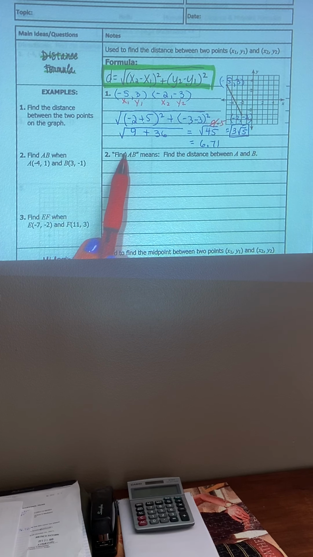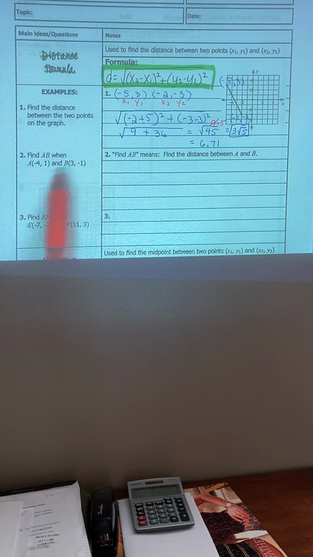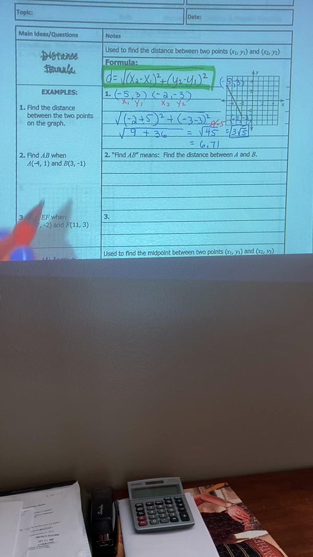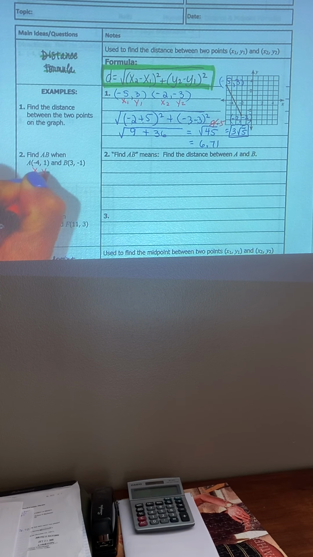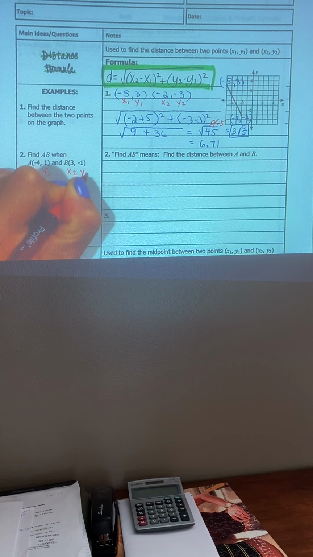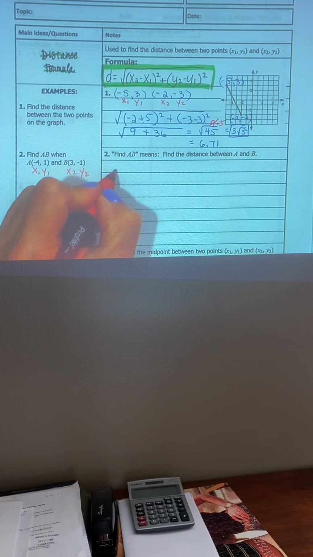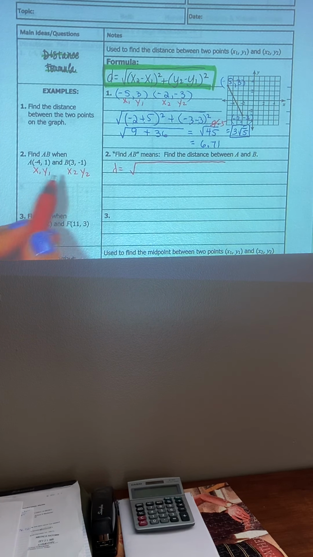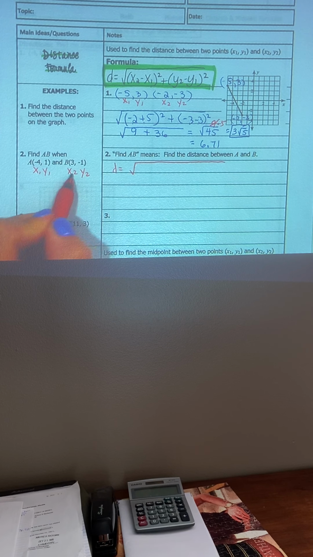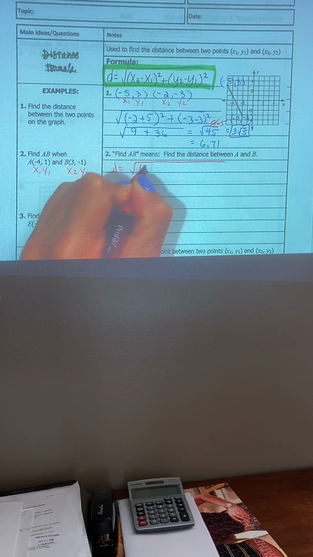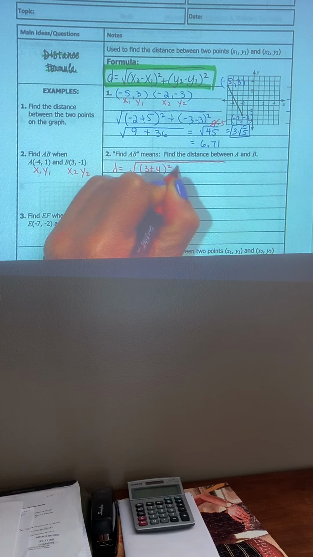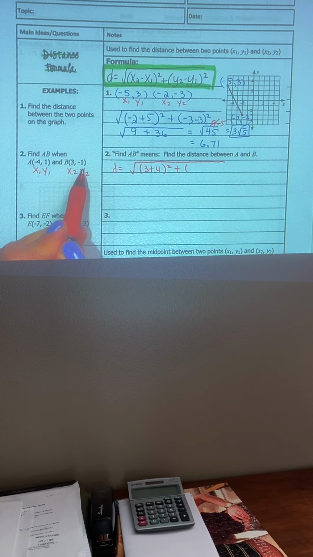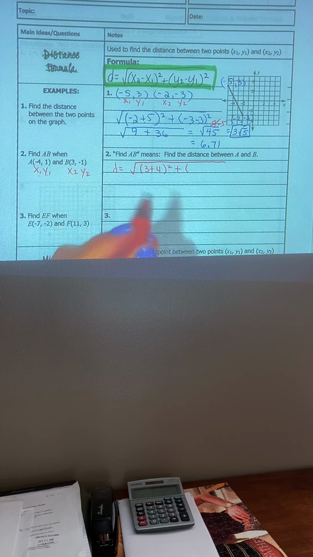Find AB. So again, find AB means the distance between A and B. So this is x1, y1, this is x2 and y2, and let's plug it in. 3 minus -4, so that's 3 plus 4 squared plus -1 minus 1 squared.